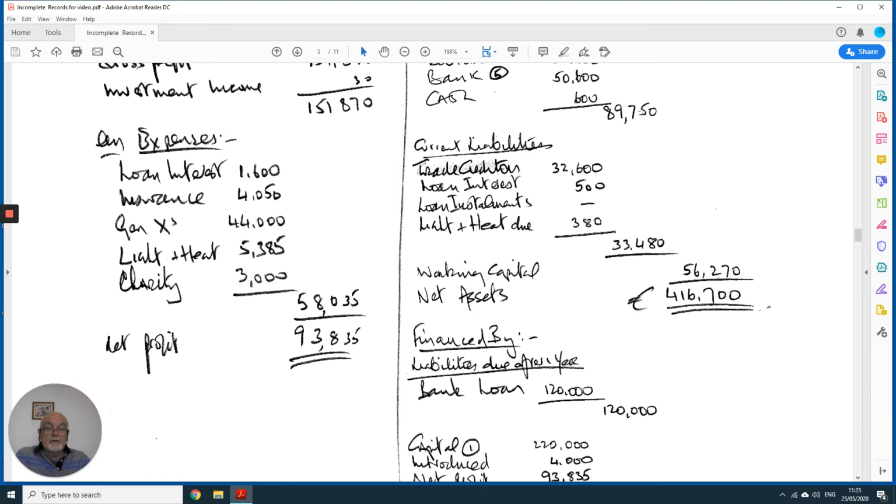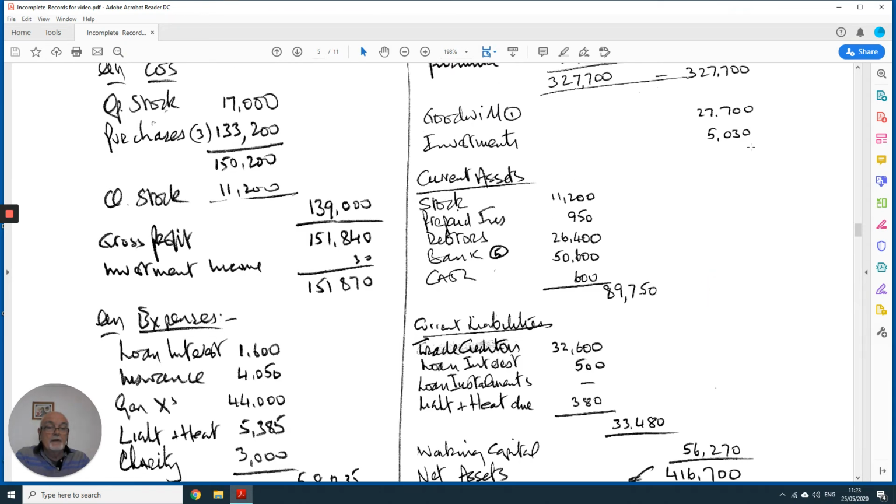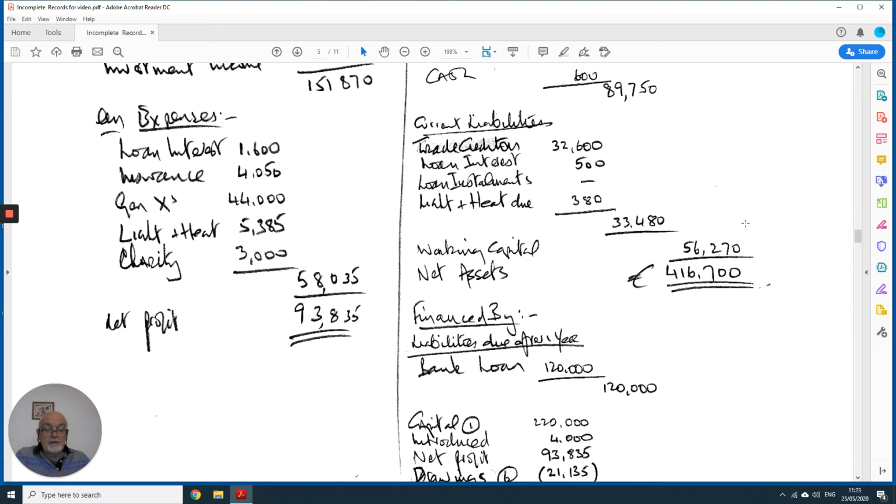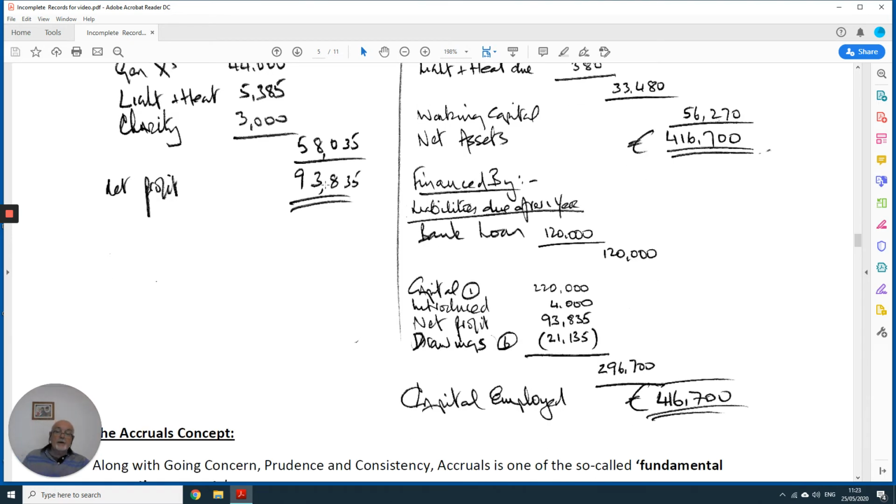So we've got our current assets less current liabilities, giving us the working capital, and then the net assets, the sum of the working capital and the intangible, financial and tangible fixed assets. Financed by, there's our liability due after a year, there's our bank loan, 120,000, and we have our typical capital add profit, less drawings here.